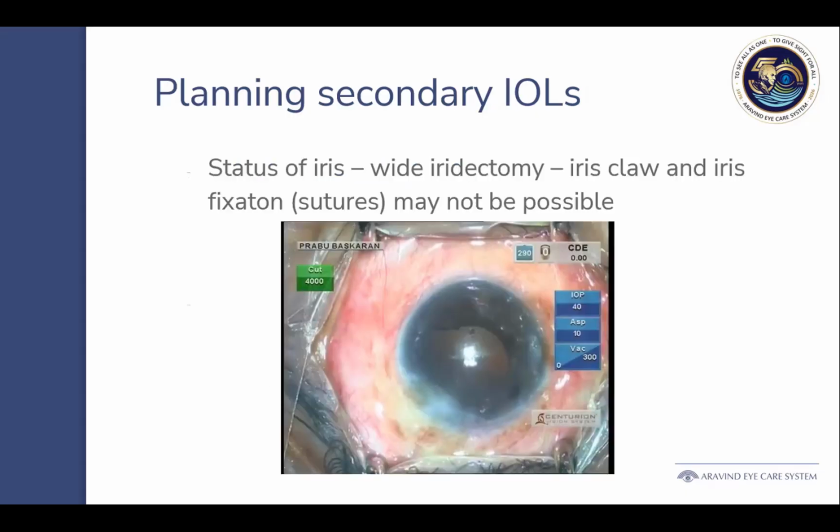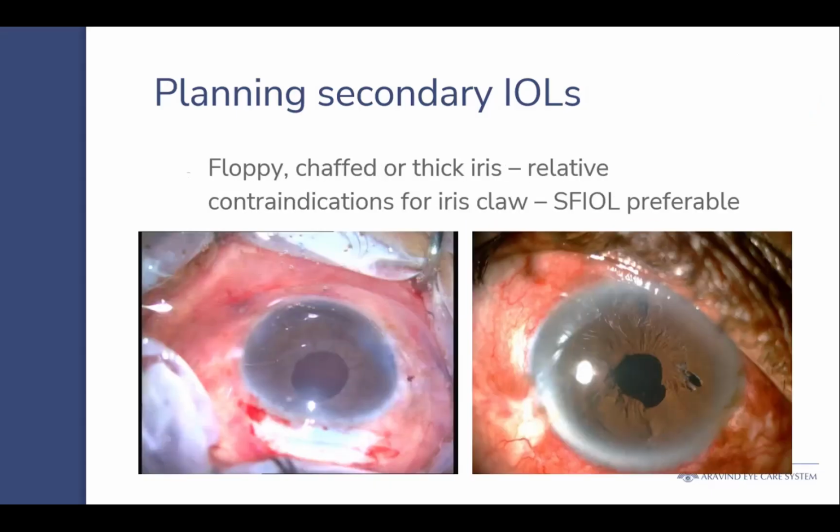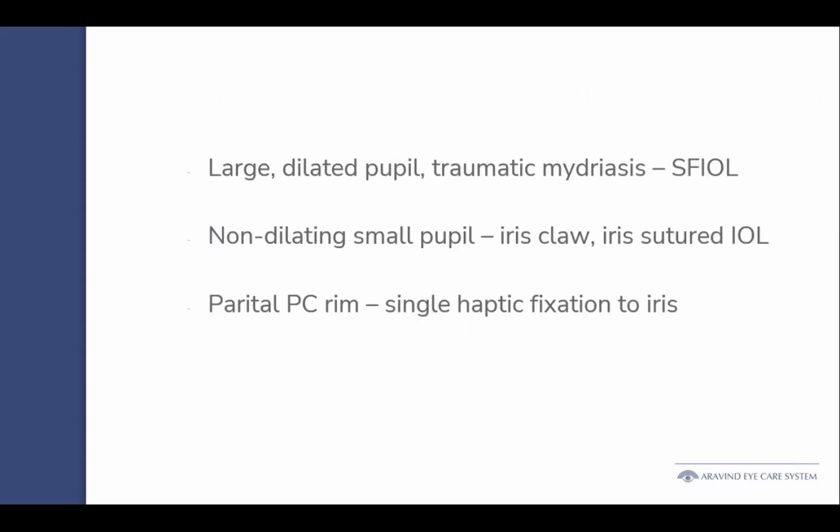Again, you have to look at such a disorganized anterior segment where a wide iridectomy has been done. There's a lot of scarring, and 180 degrees of iris is not available for a proper iris fixation. Again, very thick iris or floppy iris or with iridotomies all over, again, may not be ideal conditions for iris fixation, and SFIOL may be preferable.